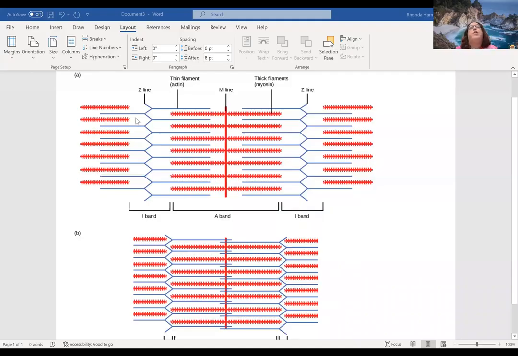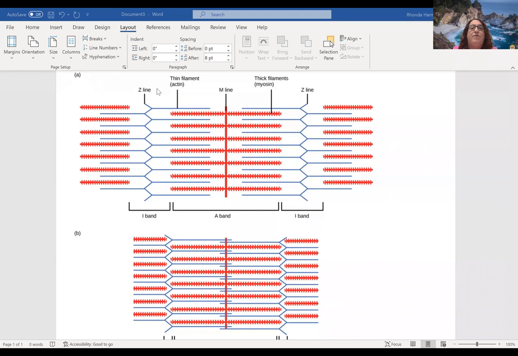So if I were working on the project, according to the project, you have to have 2 images. You have to have the sarcomere in a relaxed state. And so you'll notice in this first or top picture that we are in a relaxed state, meaning everything is kind of spread out as far as it can.